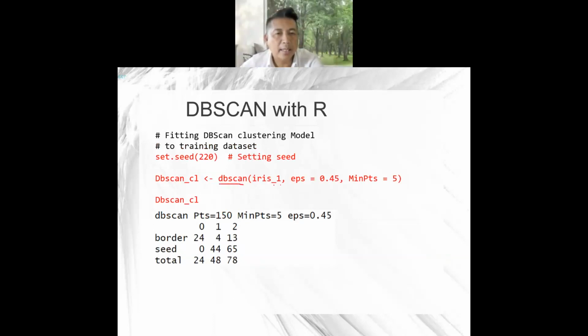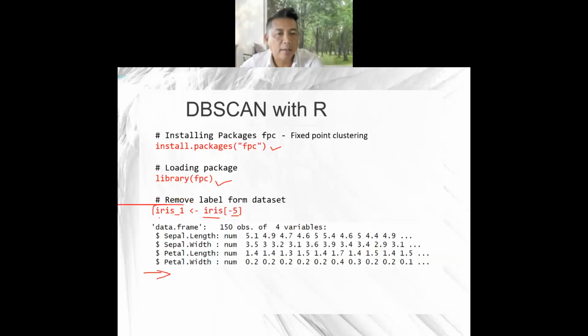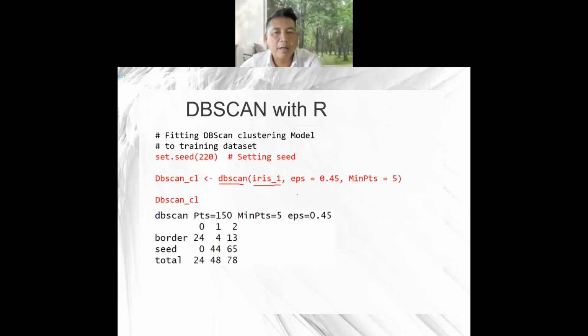Then we use this data, the data that we cleaned. And then we specify the radius, and this is the minimum number of points for that cluster. So the result will be stored here.